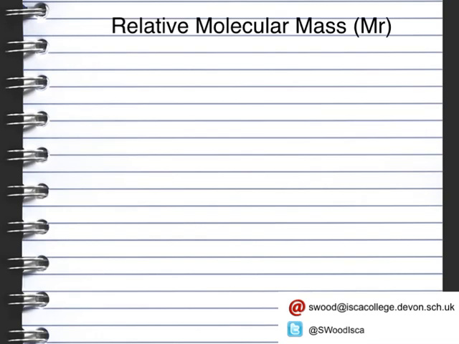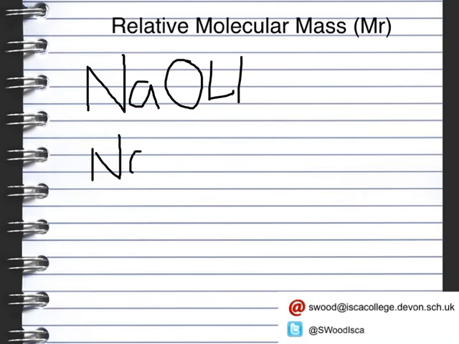We can do some other molecules which are a little bit more complex. Now the first one we'll do is sodium hydroxide. Now the atomic mass of sodium is 23.